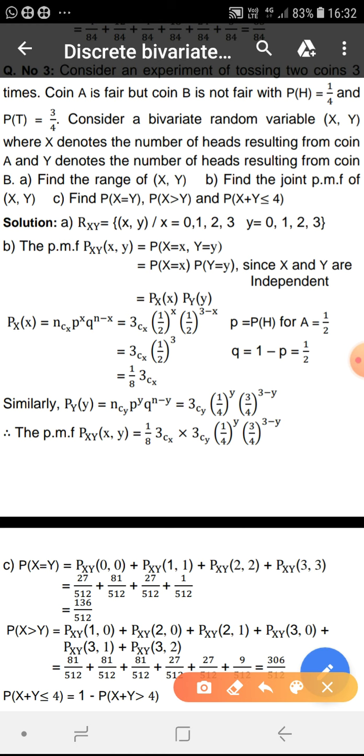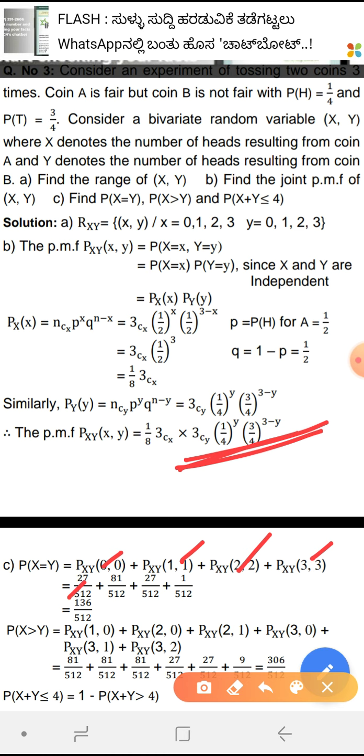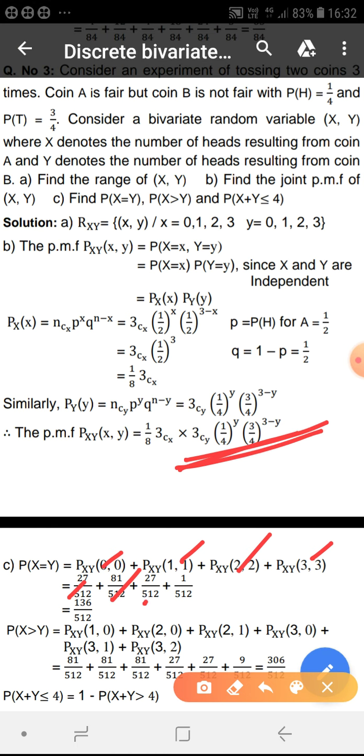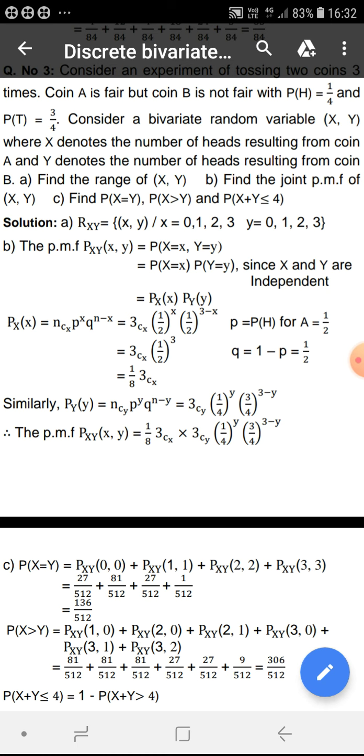So it will be the sum of the probability mass function Pxy of 0,0, 1,1, 2,2, 3,3. Use this expression for Pxy of x, y. In that you put x as 0 and y as 0, you get the first one. You put x as 1, y as 1, you get the second. For x is equal to 2 and y 2, you get the third. For x is equal to 3 and y equal to 3, you get the fourth. Add all the 4, you get the probability.